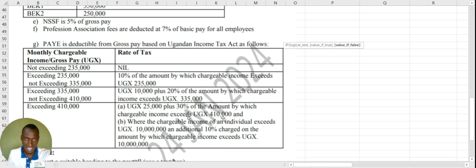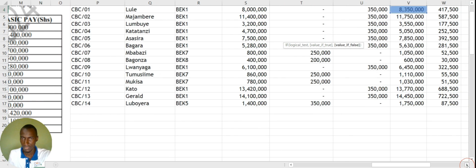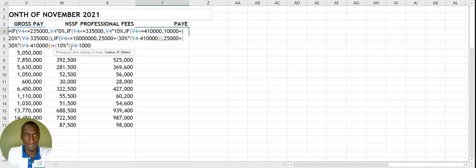So the same as in A, that is where the chargeable income of an individual exceeds 10 millions, an additional 10% charged on the amount by which the chargeable income exceeds 10 million is going to be added to your A. That's why I'm bringing back the A. Then plus 10% of the amount by which the chargeable income, that is V4, exceeds 10 millions.